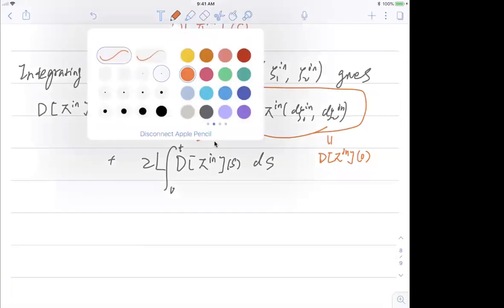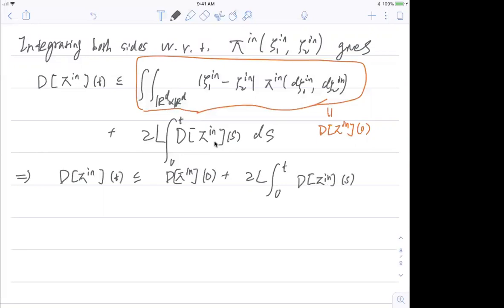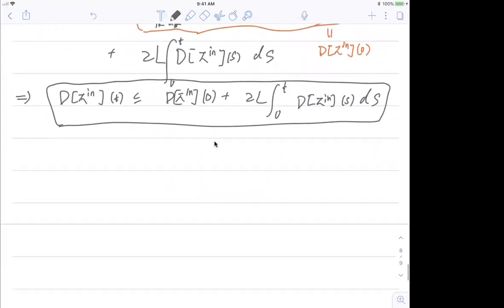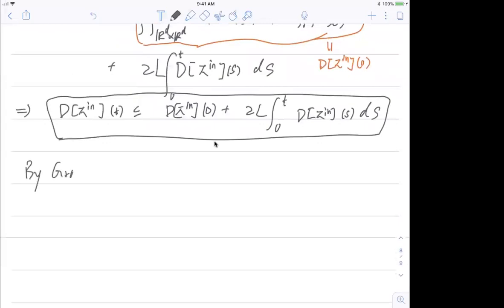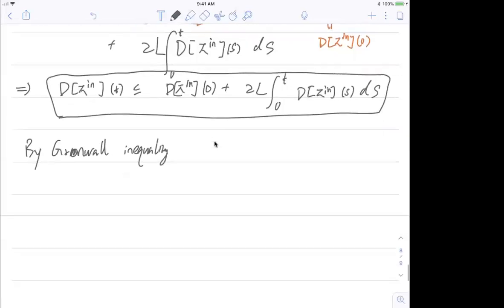So we get an integral inequality, a differential integral type inequality. We can apply an integral type Gronwall estimate. By Gronwall again, if you're not familiar with Gronwall, you can find this almost everywhere. So by the integral type Gronwall inequality, we can estimate this.